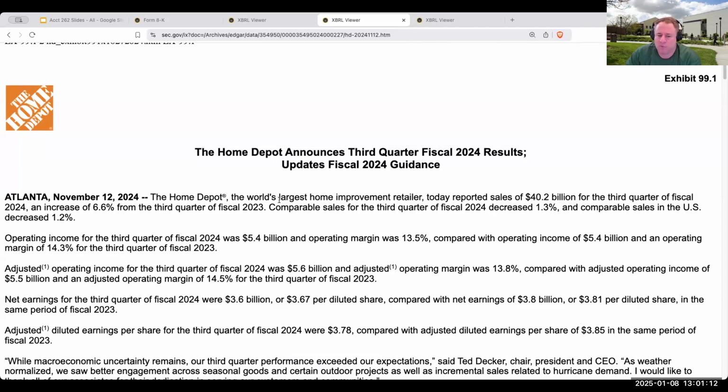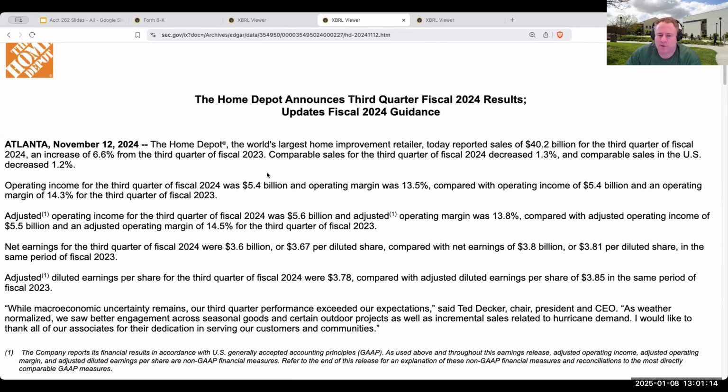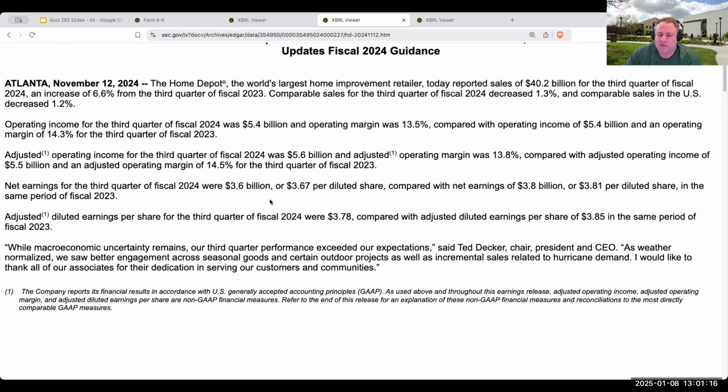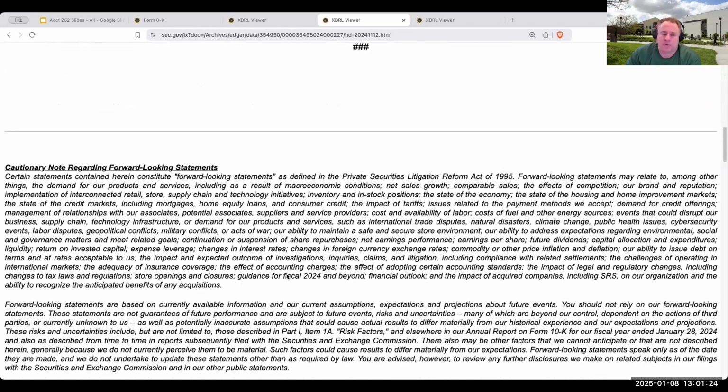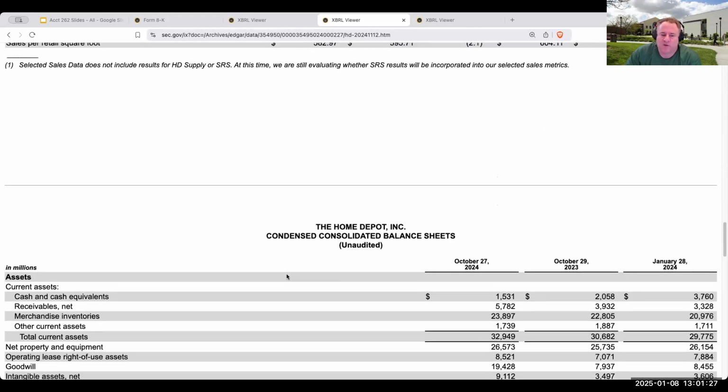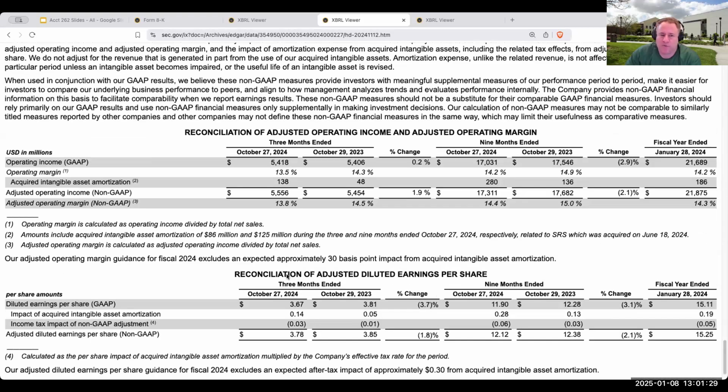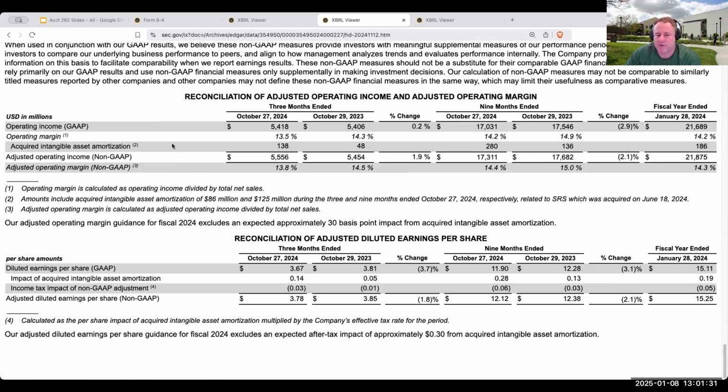Now, what's really important is that when we see these different parts, these are non-GAAP financial measures. And if you give non-GAAP financial measures, you have to reconcile them in terms of how you're showing it.